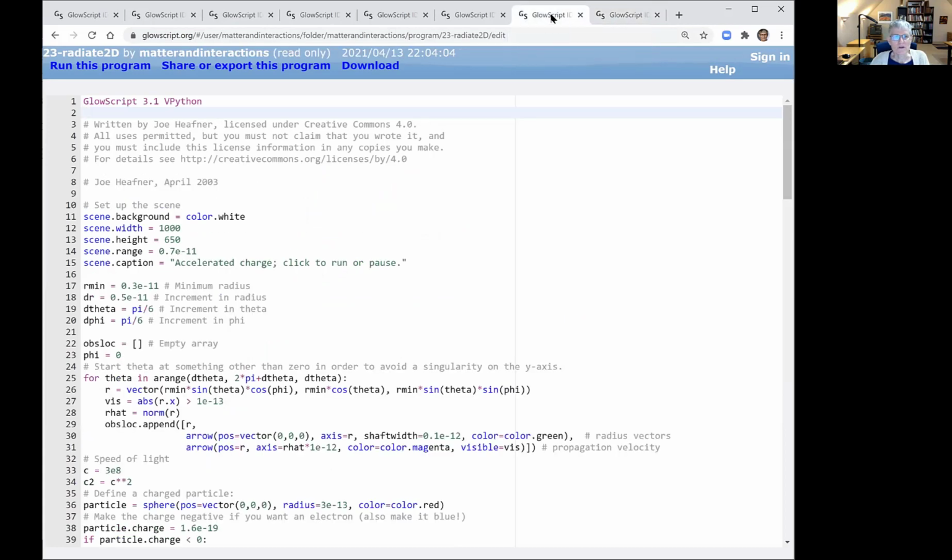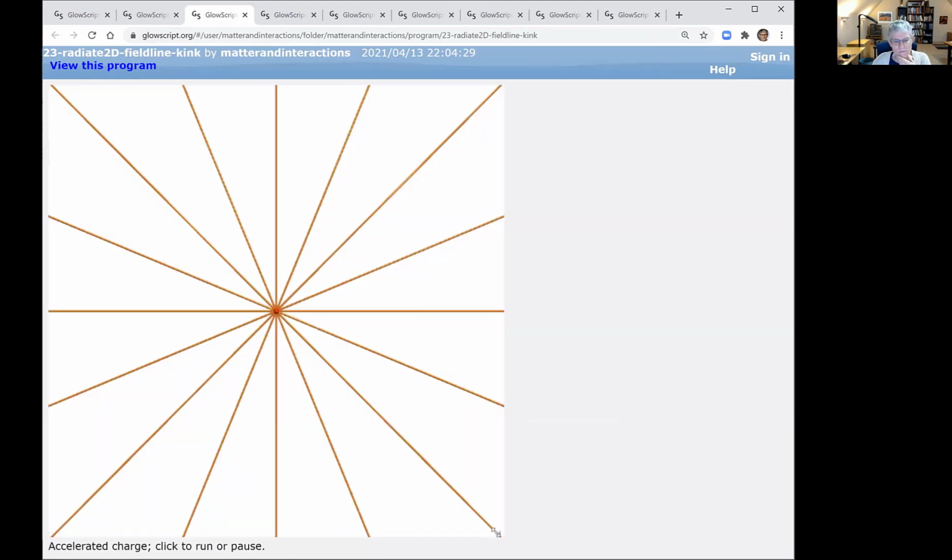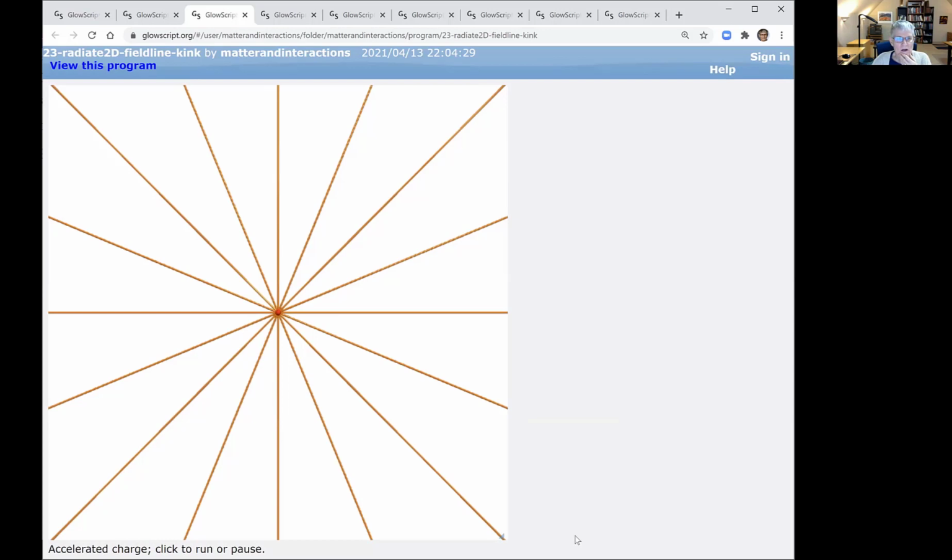However, some interesting things happen. So here's our charge. What we're going to do with this charged particle, it's a positive charge, it's a proton, and here are the field lines representing the electric field due to this positive charge. And what we're going to do is give this charge a little bit of a kick.